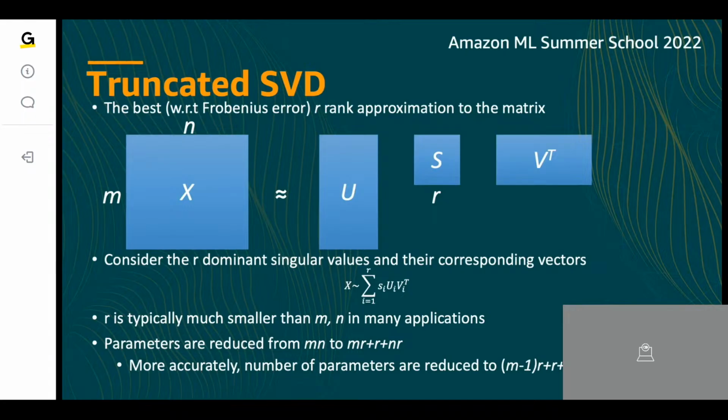There are m times r plus r squared, but since only the diagonal elements are non-zero, there are r elements here actually, and then there are n times r parameters sitting here. So this reduction in parameters is the one that leads us to an SVD application.